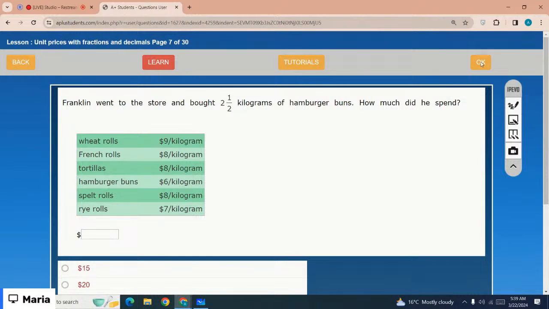The correct option is $15, right? Option number 1 is the correct option.